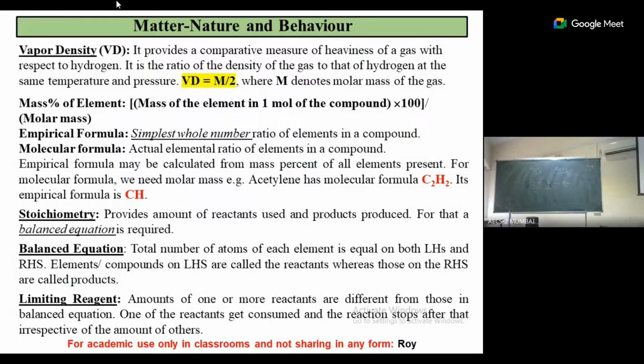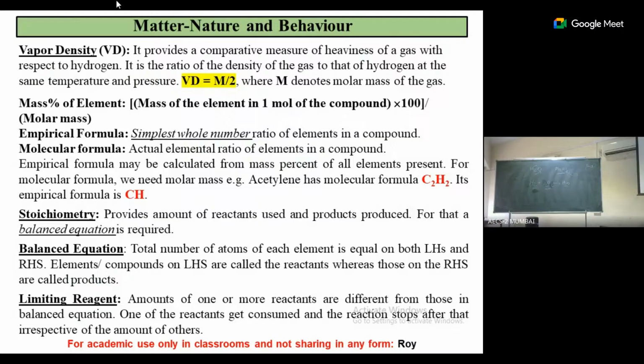Agar you are putting it in the stoichiometric form, that is, जो balanced equation में लिखा हुआ है. मान लो, एक molecule of hydrogen use किया, half molecule of oxygen use किया, then nothing will be left here. But suppose I put excess of oxygen, then oxygen will be left out. Only it will be used till hydrogen is present. So this is the reagent which is present in less amount and gets exhausted during the reaction, called the limiting reagent.